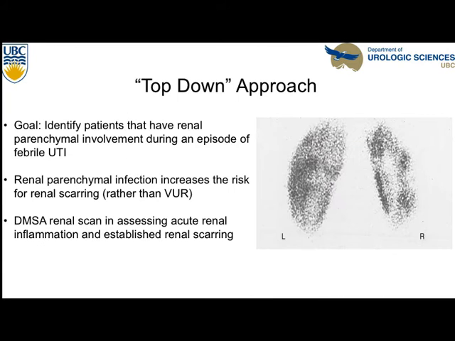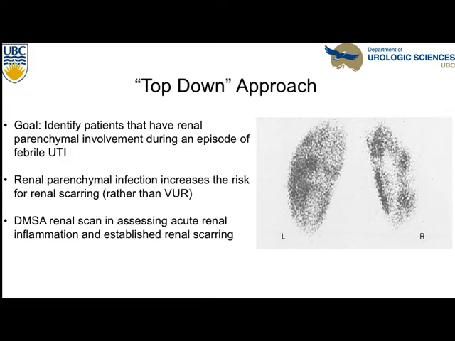So then you go to the other side of the coin, which is the top-down approach for workup. And really this stems from the belief that renal parenchymal infection increases the risk for renal scarring, rather than simply having VUR. The goal of this approach then is to identify those patients that have renal parenchymal involvement during an episode of a febrile UTI.